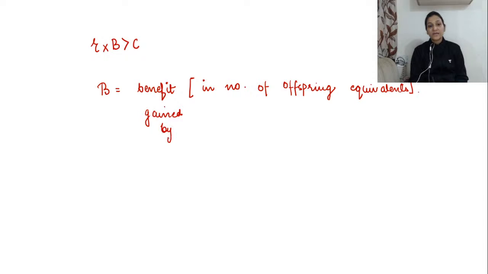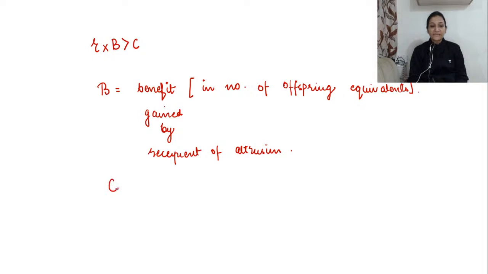Benefit gained by the recipient of altruism. So that is the B.